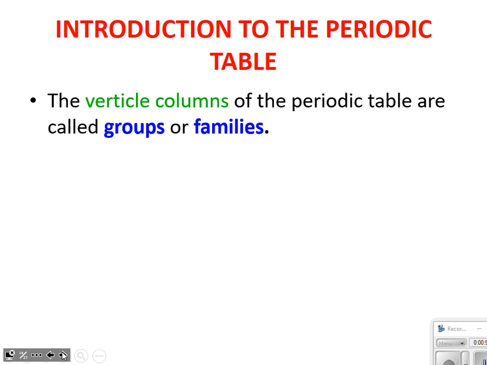the vertical columns of the periodic table are called groups or families.